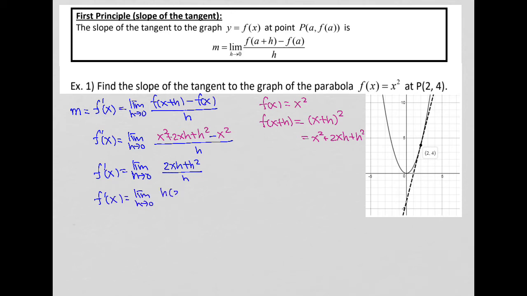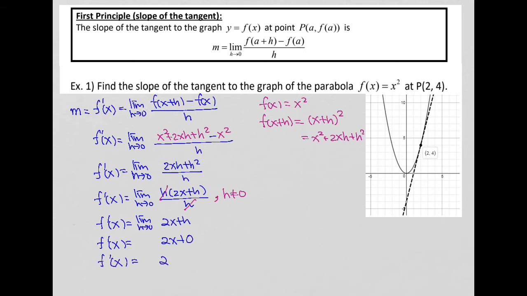We factor out the h. Since they have a common h, we divide it. Write down restrictions: h cannot be 0. Now, since there's no more denominator, it's 2x plus h, we can put 0 into h. So we say the derivative is actually 2x.